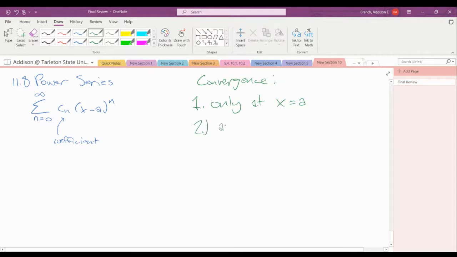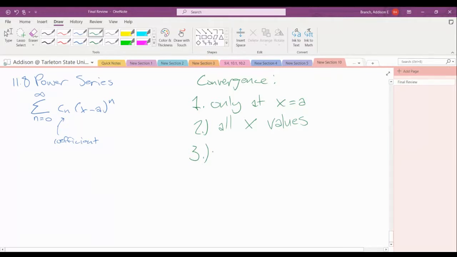It could be convergent for all values of x. Or you could have something in between.